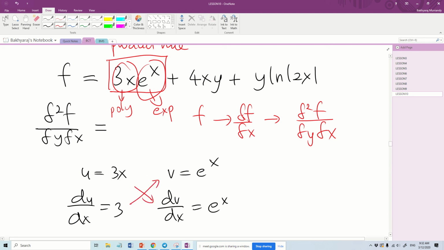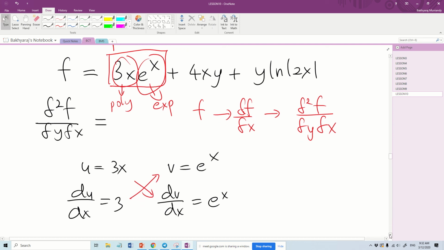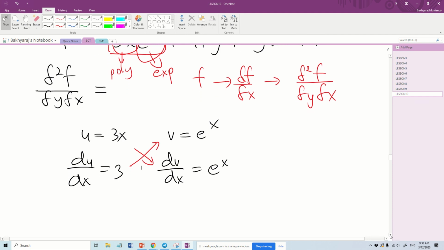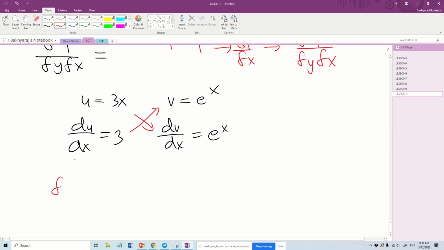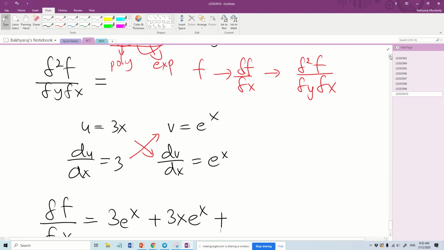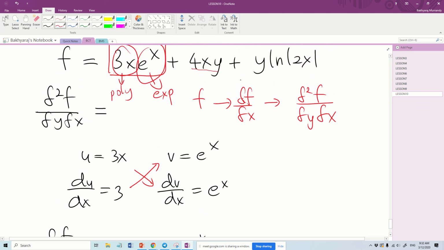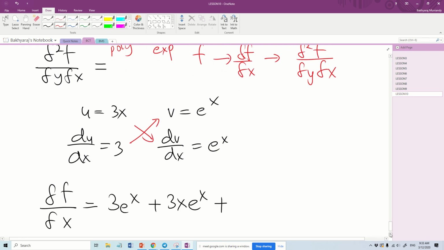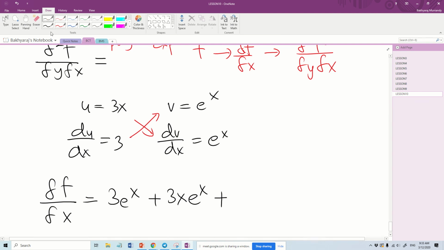So delta f over delta x equals 3 exponent x plus 3x exponent x, plus, next will be 4xy, we differentiate and get just 4y, plus, here the one is y log 2x, so log 2x means 1 over 2x times 2.